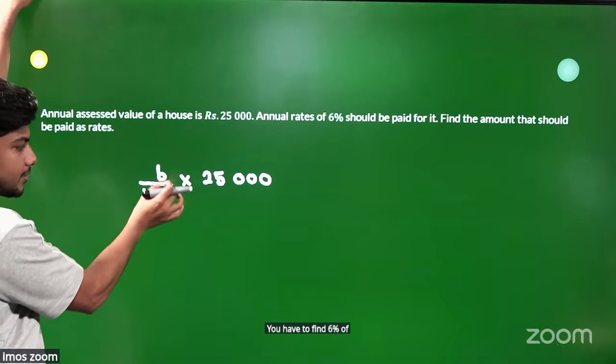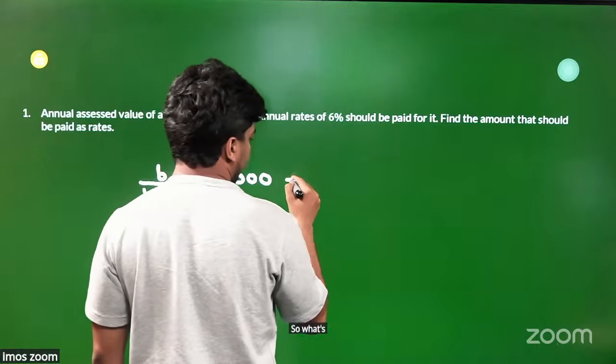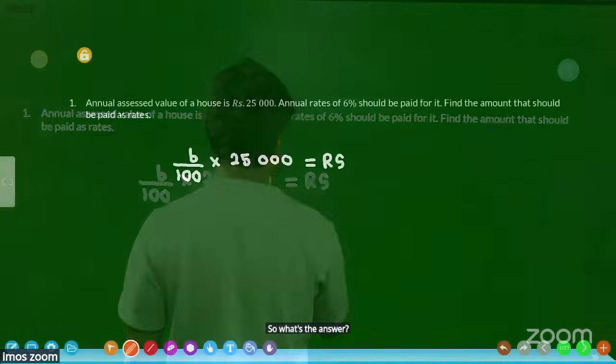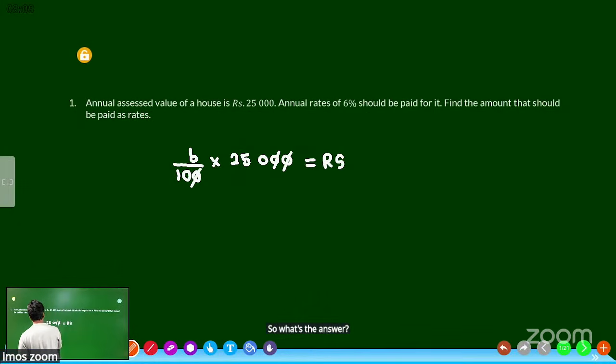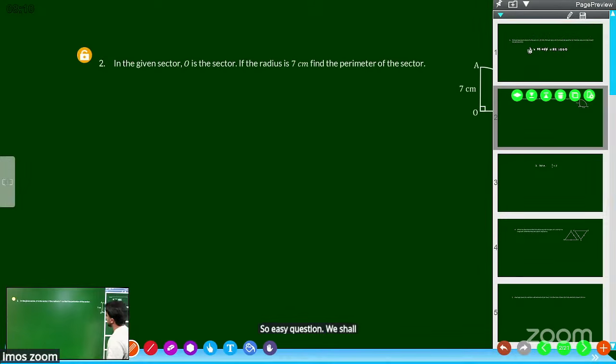Per 100 it is 6, so how much for 25,000? 6 into 25, and another 0 here. So 1,500 rupees. It's an easy question. We shall go to the next question.